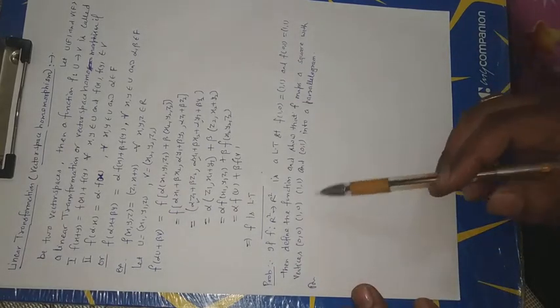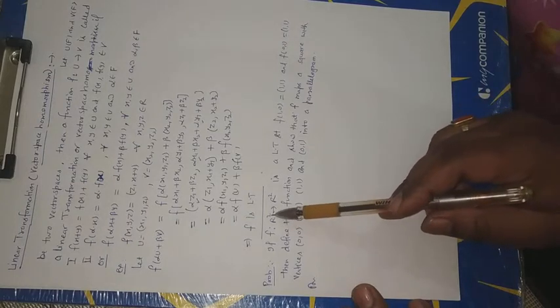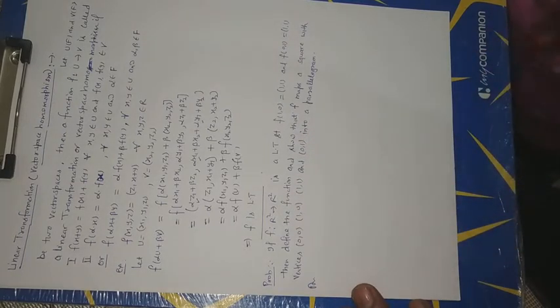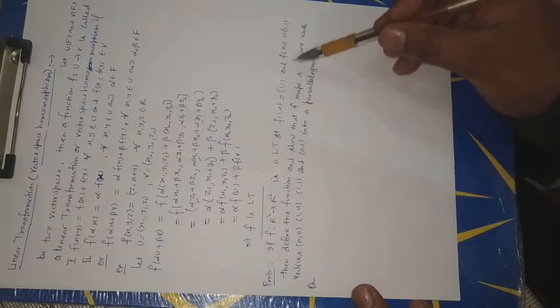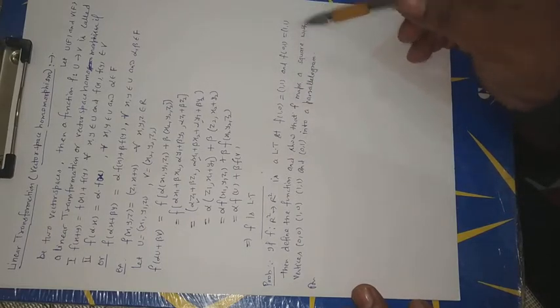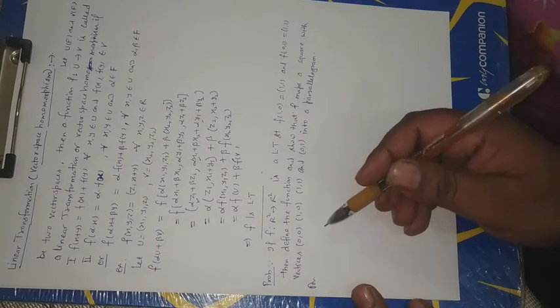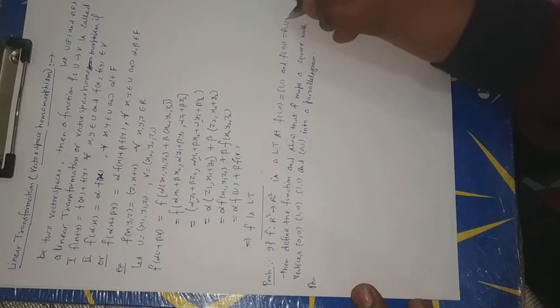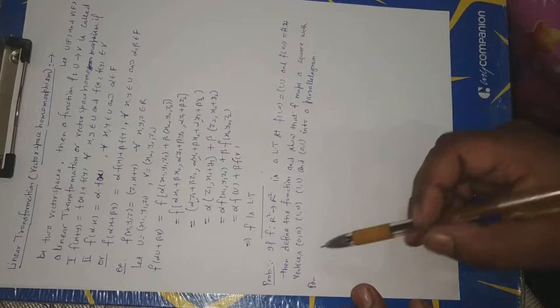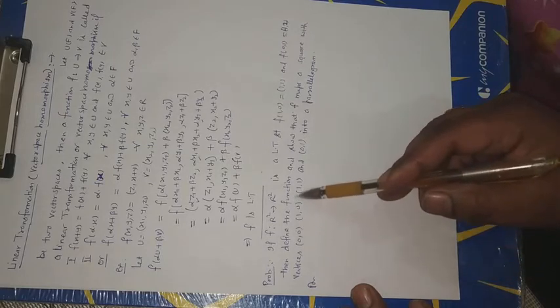The question again: f from R square to R square is a linear transformation such that f(1, 0) equal to (1, 1) and f(0, 1) equal to (minus 1, 2). Then define the function.